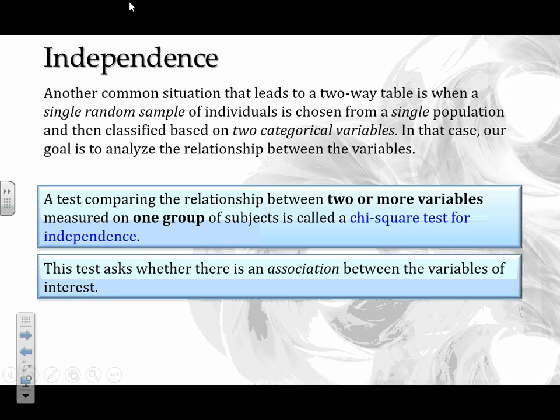Now, when we run a test for independence, essentially what we're looking for is whether there's an association between our variables. So we're trying to determine if the two variables are related somehow through some sort of association.